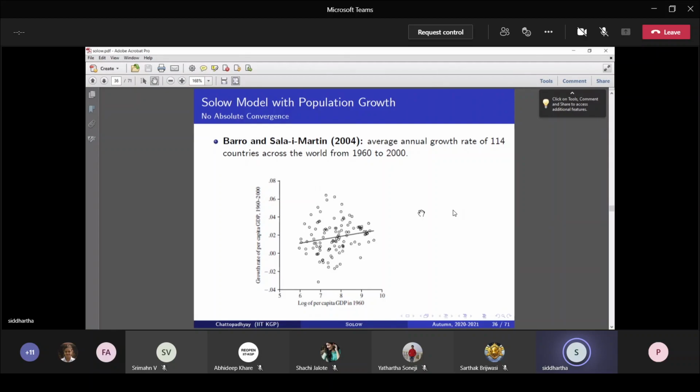Had the prediction of the Solow model been satisfied, the trend line would have been a negatively sloped line, but we are getting a positively sloped line. So this particular figure says higher growth rate of the rich country than the poor country, which is completely opposite of the prediction of the Solow model.